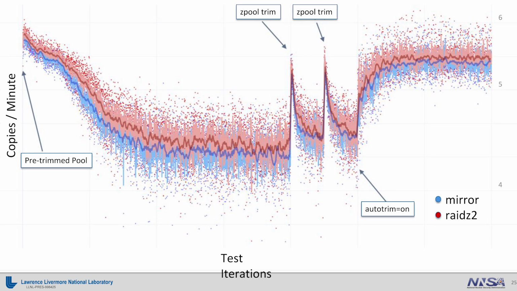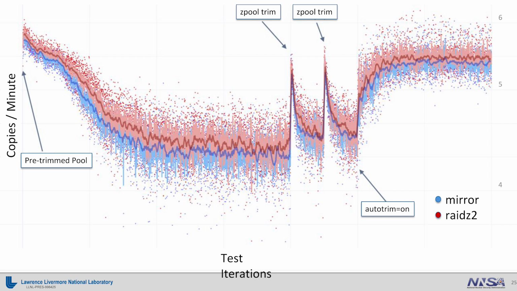So what does this look like? Here's the data. Mirror and RAID Z are on here. What you can see is these are the averages over 5 runs, and then I've just got a little scatter plot there for each test point for each of the runs. At the very beginning in a pre-trim pool, performance is good, right? We're making quite a few copies of the kernel per minute.